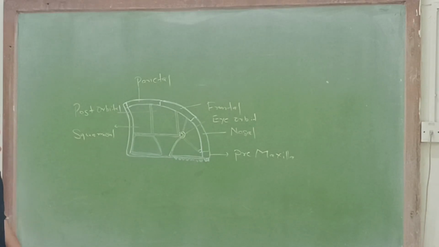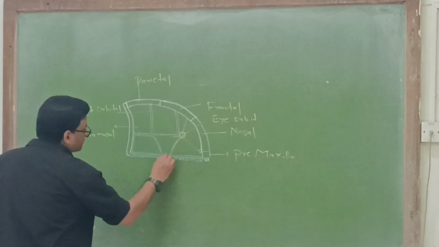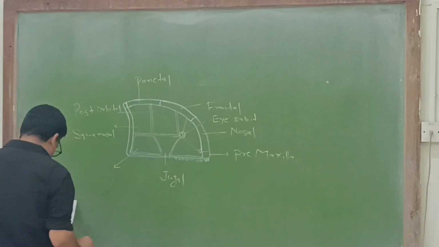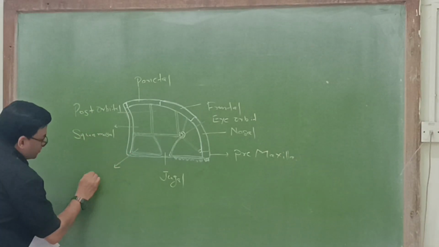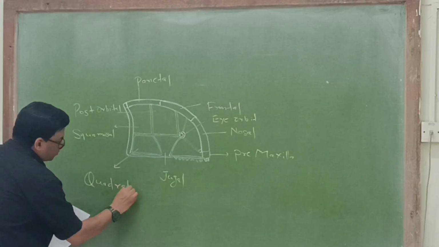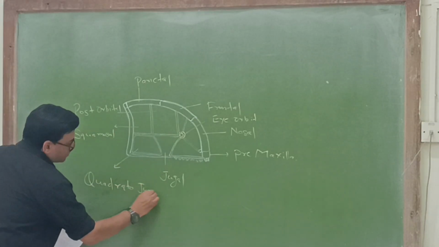So this will be your jugal bone, and that will be the quadratojugal. What is the name? You have to learn this. Quadratojugal bone.